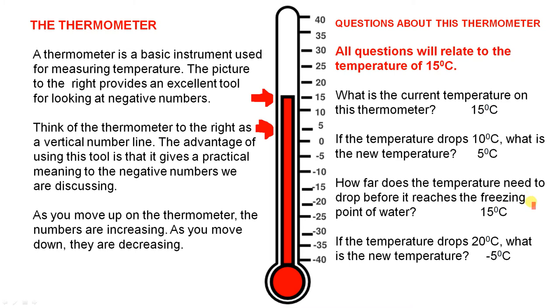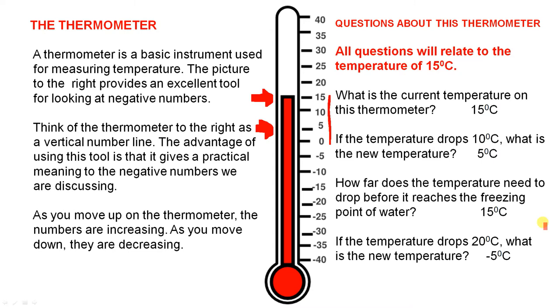How far does the temperature need to drop before it reaches the freezing point of water? Now, your teachers will explain to you that the freezing point of water is 0 degrees Celsius. So the temperature needs to drop 15 degrees centigrade to get to 0.